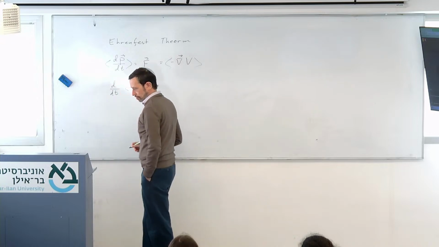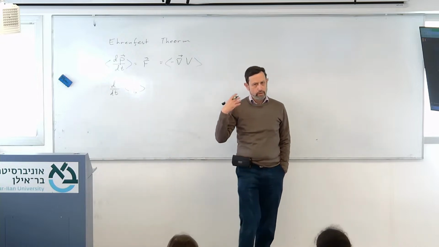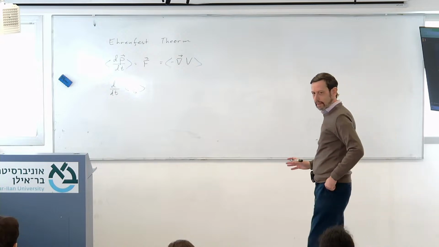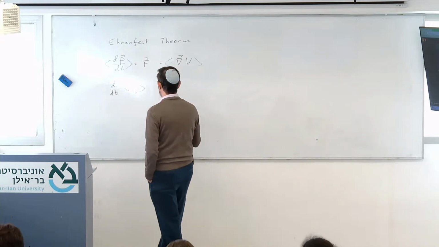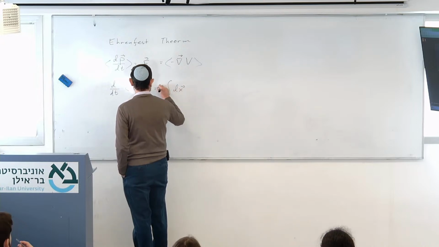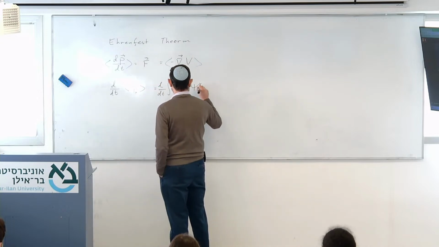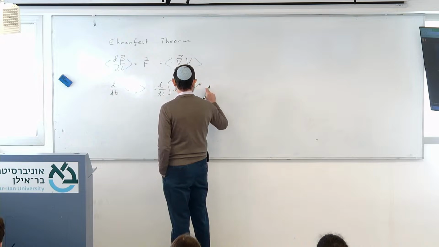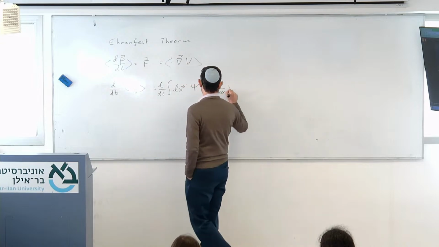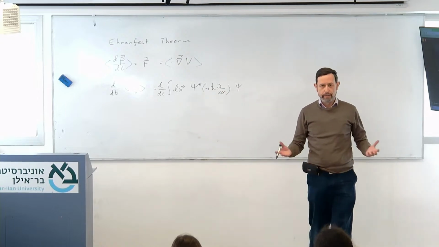And let me, for simplicity, although there's no problem in expanding it for py, pz, keep myself to px. Why? Because that's the definition of average px.